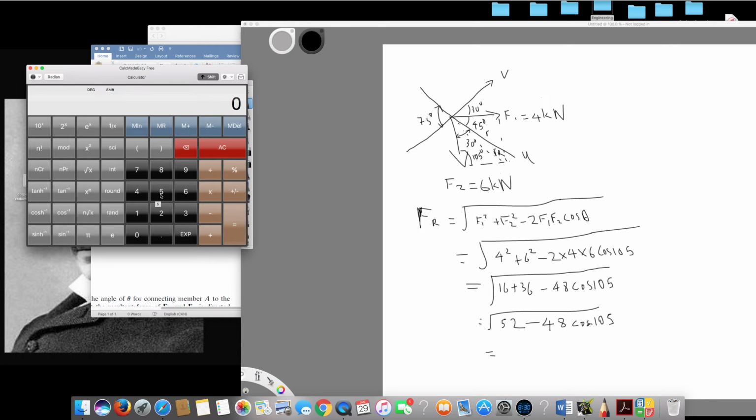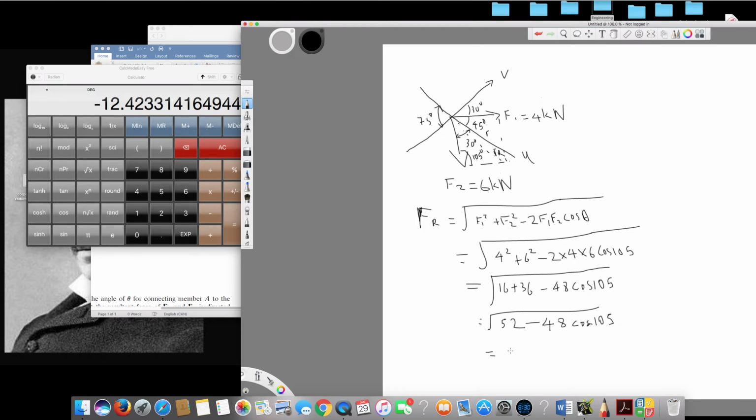So what is 105, shift cos, is equal to negative 2 point whatever it is, and multiply by 48. So it is giving us 12.42. So let's write this one down.